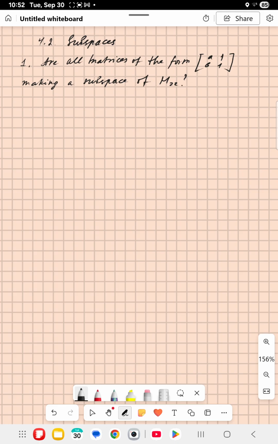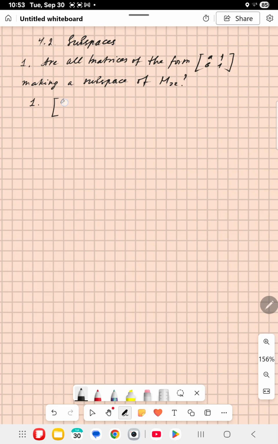Well, if you remember, in this section we proved the theorem that to check whether a set is a subspace, we just need to check closure axioms. That's what we are going to do. Our closure axiom number 1 is addition, right?